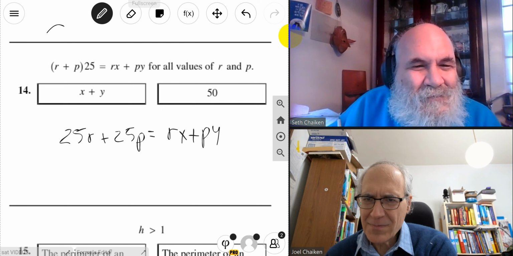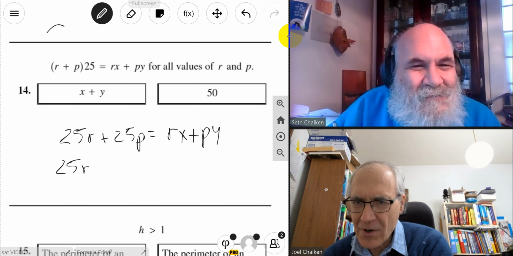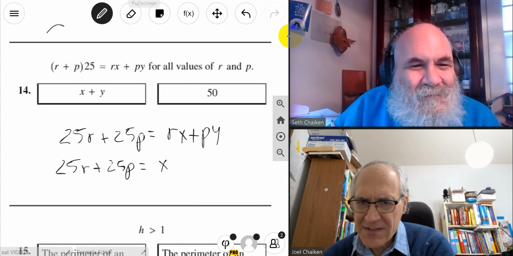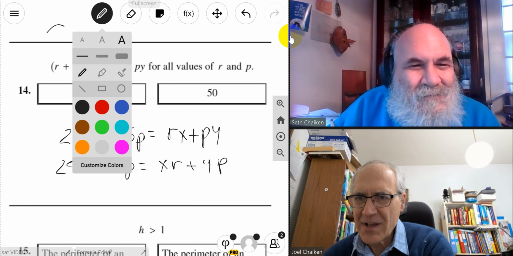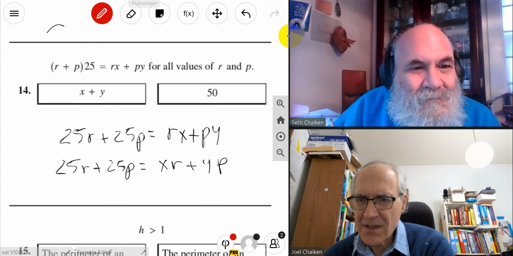That may actually help, right? Let's line everything up. R plus 25p is equal to x times r plus y times p. I lined everything up nicely, didn't I? The r's, the p's.